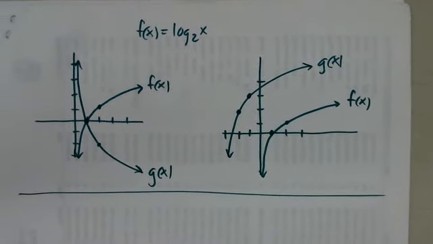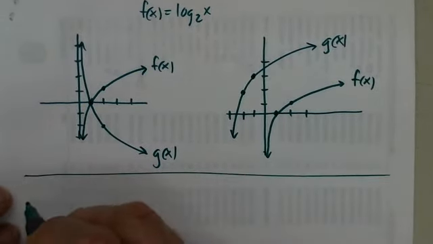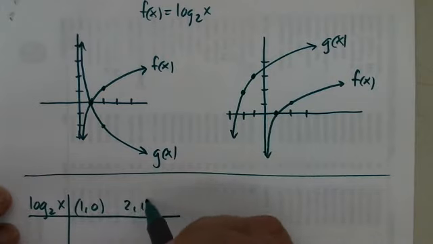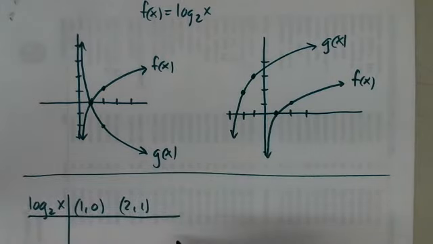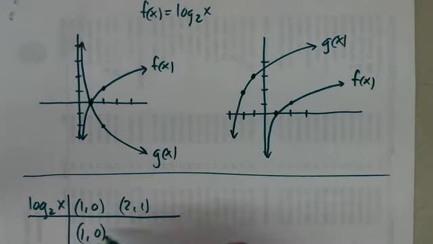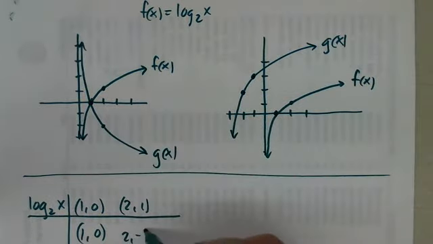Okay, so find g of x for each of those. Pause the video. All right, that point is the same, and then this point is 2, -2.